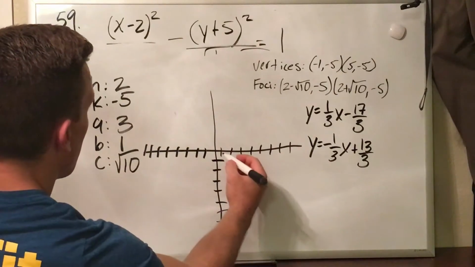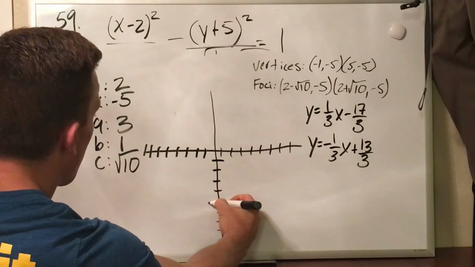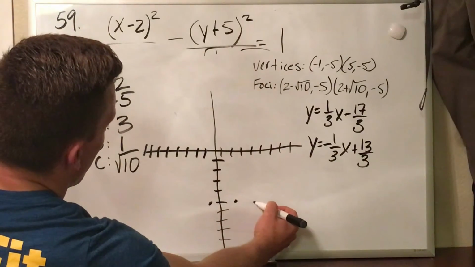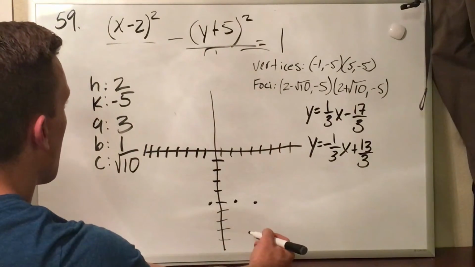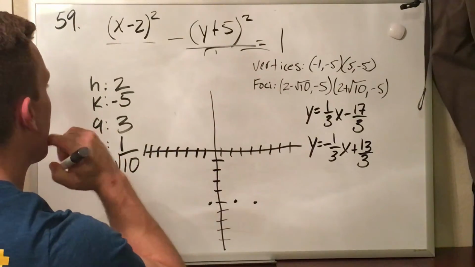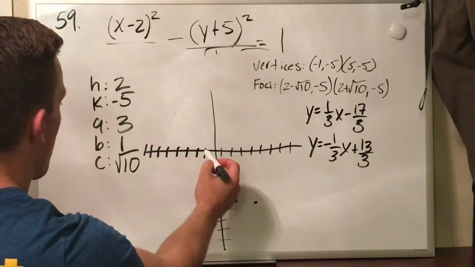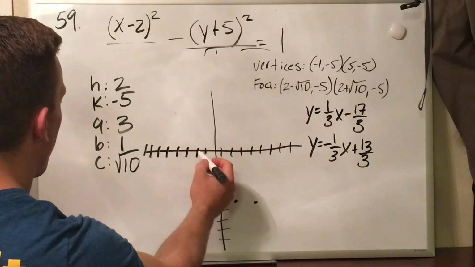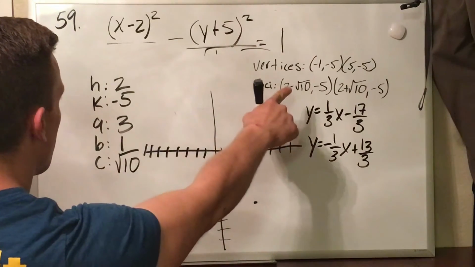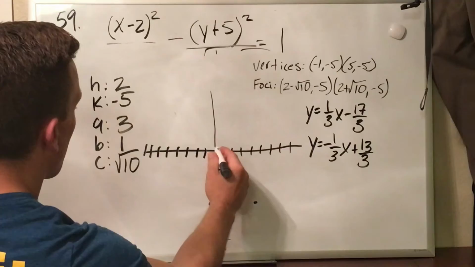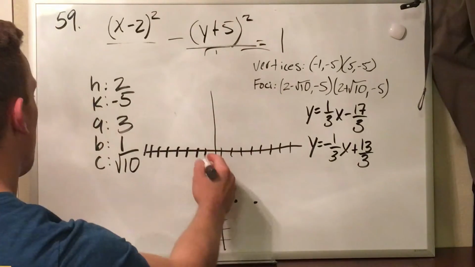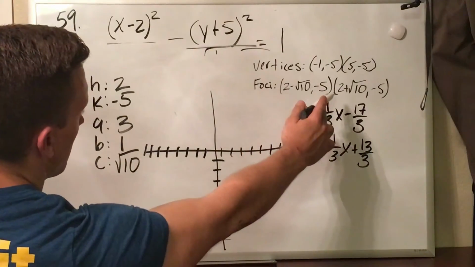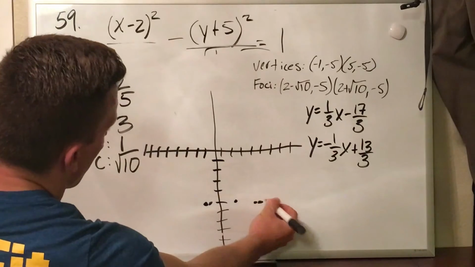Our vertices, x value negative 1, negative 5, as well as 5, negative 5. And then our foci, so 2 minus roughly 3 is going to put us just past that negative 1. 2 plus it is going to put us barely over that 5.